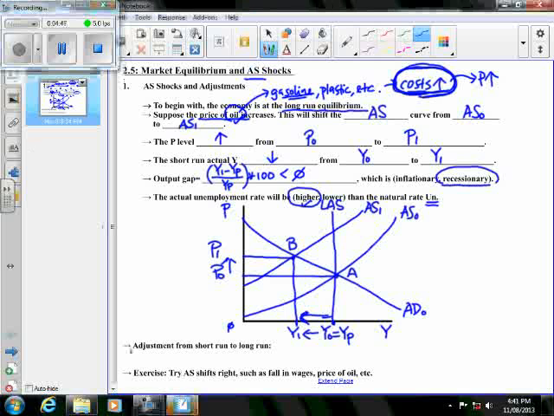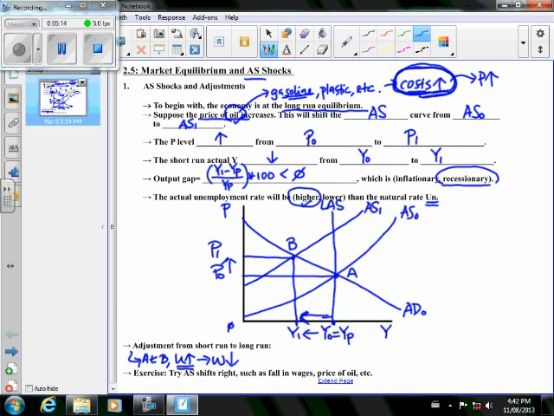How does the economy adjust from the short run B back to the long run, say, C? At point B, we know that this is recessionary, so unemployment rate has gone up, much harder to find jobs. And because there's an excess supply of workers, because unemployment rate is higher, therefore workers will, maybe grudgingly, agree to a drop in the wage rate.